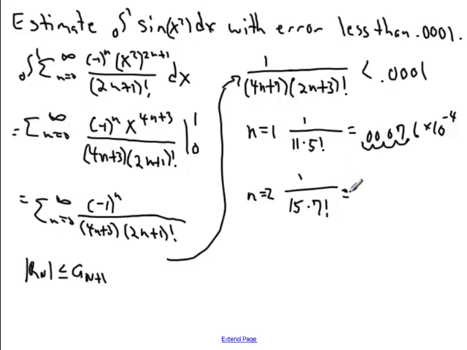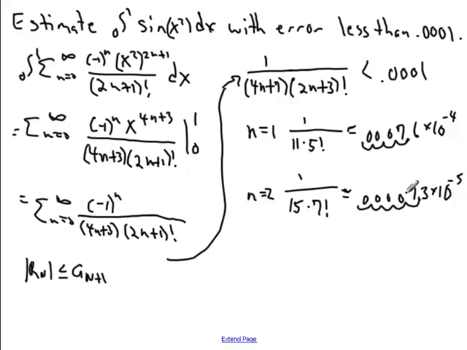And let's see what we get approximately there. 1 divided by 15 times 7 times 6 times 5 times 4 times 3 times 2, and that gives me 1.3 times 10 to the negative 5, and yep, that'll do it. 1, 2, 3, 4, 5.